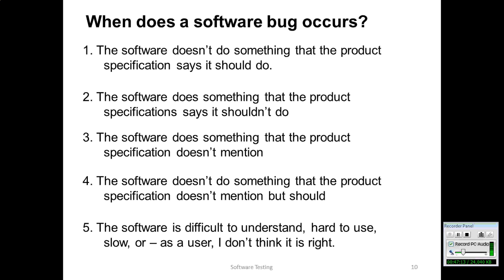Maybe it's something the developer thought, okay, we can keep it there. It's not doing any harm to the application or the functionality. But why did we have to do that? Because the specification didn't mention that. So if the software is doing something which is not mentioned in the requirement, that is a defect.